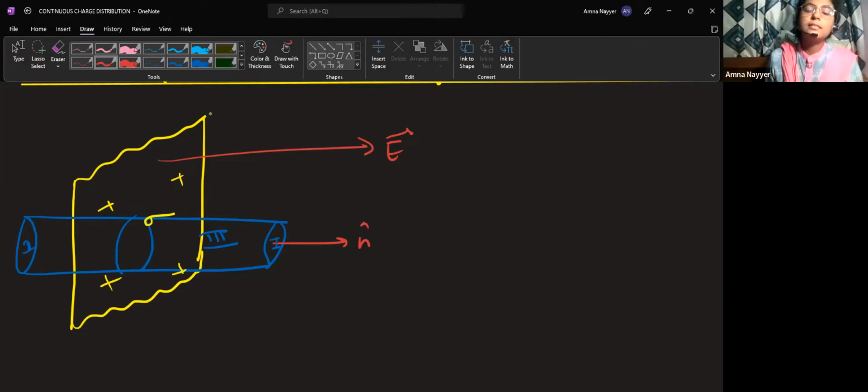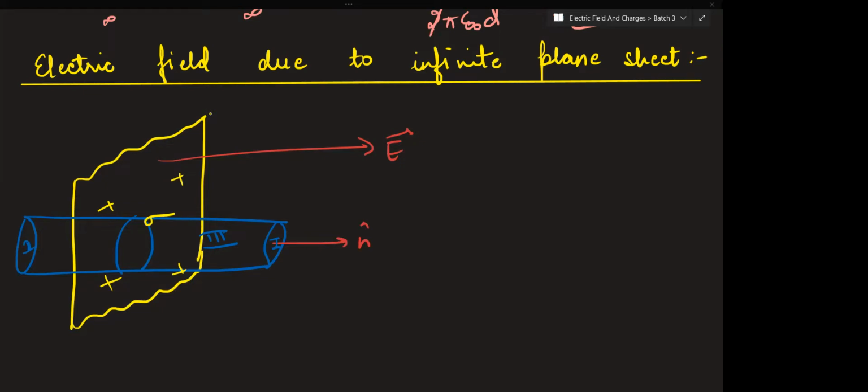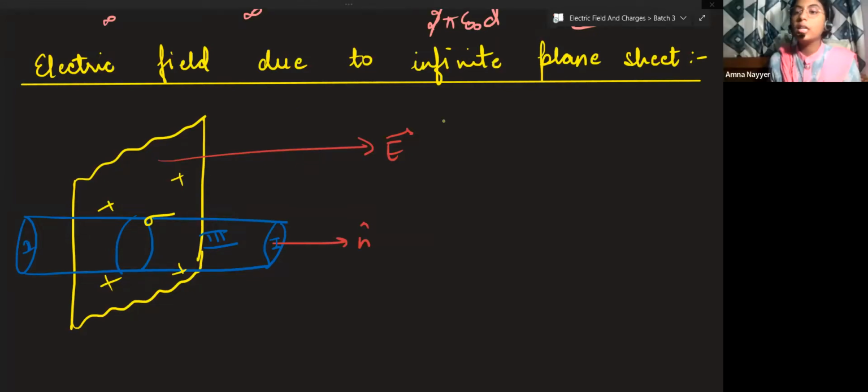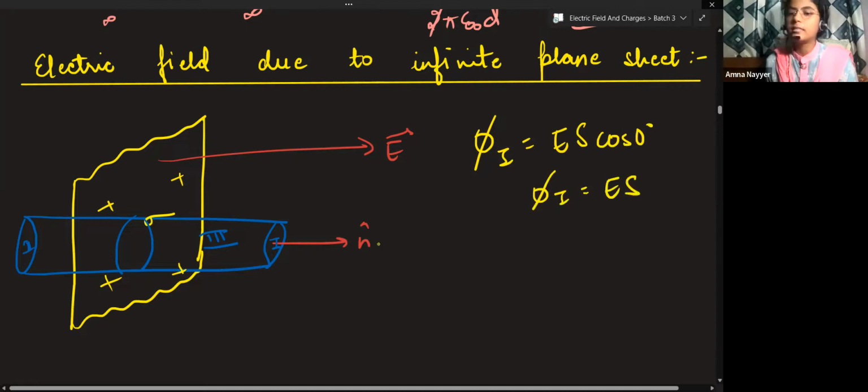Electric field and area vector are pointing in the same direction. Yes, it will be 0 degrees. So it will still not be 0; it will have certain values. So flux will be ES cos 0 degree, which is ES.